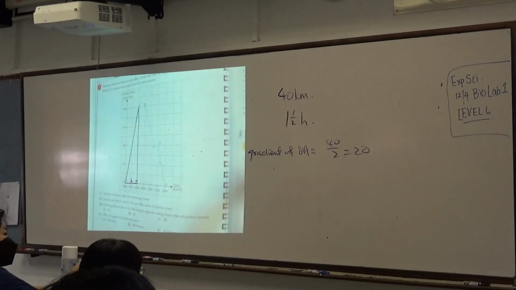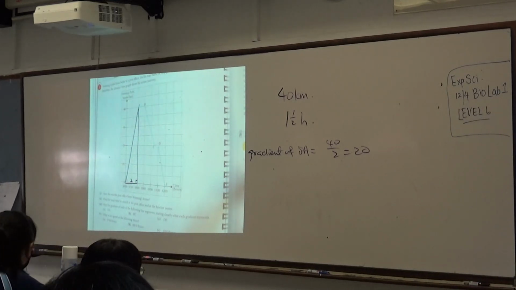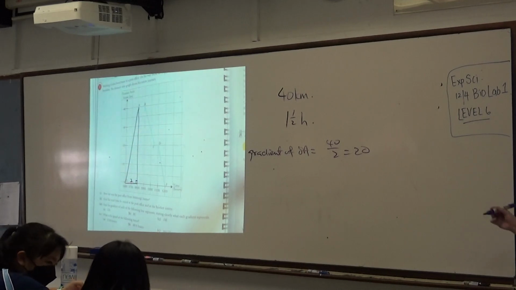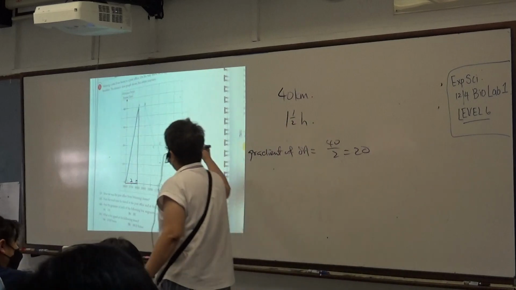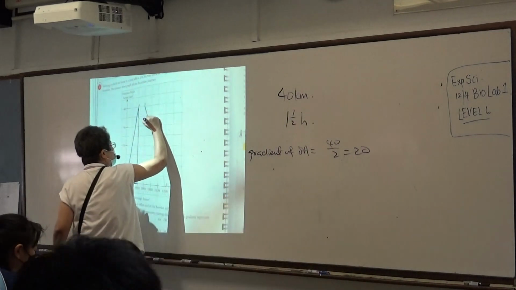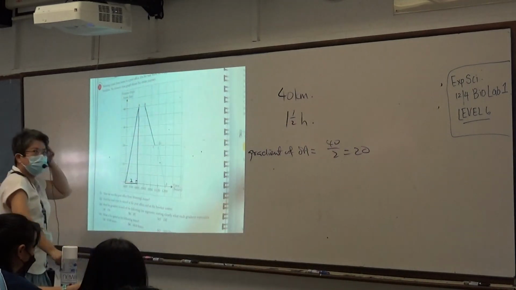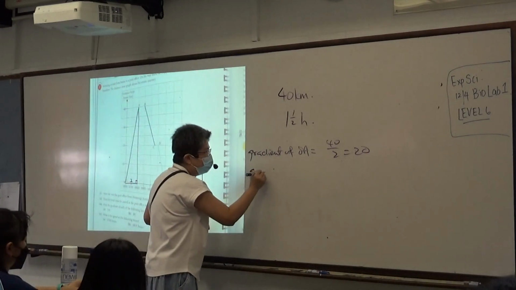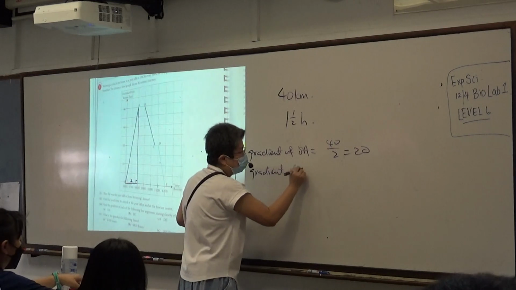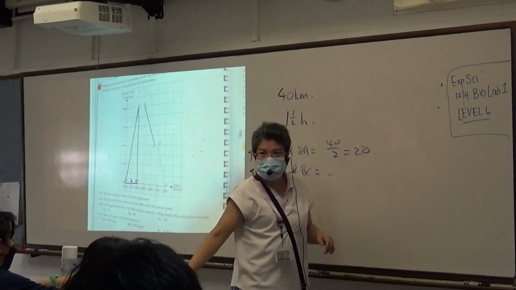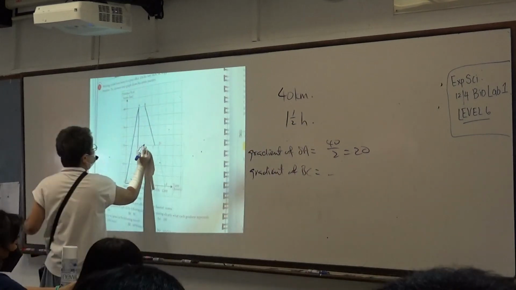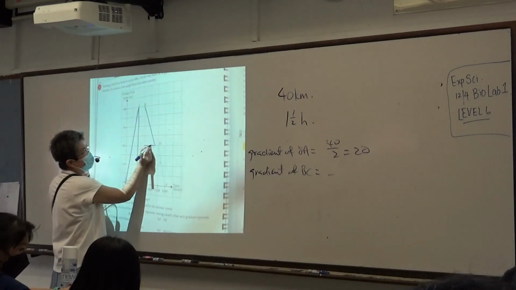Slowly wake up. What is the gradient of BC? What's the gradient of BC? That is here. Do you agree this gradient is a negative value? It must be a negative value because it's not the other way. Okay? Now, what is this timing here, from here to here?